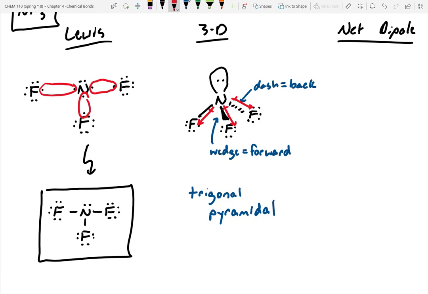And if you look at this, does it look like the net dipoles are canceling out? No, they're all pointed in the same direction. They're all kind of in net pointed down towards the bottom of the page. So in this case, there would be a net dipole, since the dipoles don't cancel.